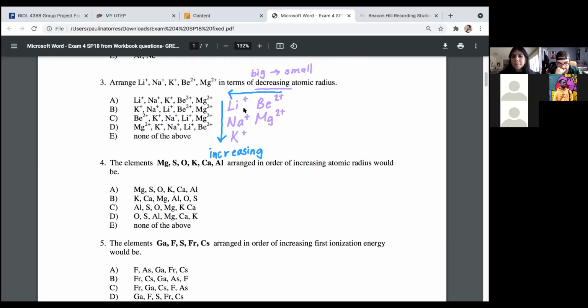Oh, wouldn't K be first? Yes, perfect. Potassium would have the biggest radius. Okay, now it's going to be a little bit trickier here. Both of these are isoelectronic to which element?